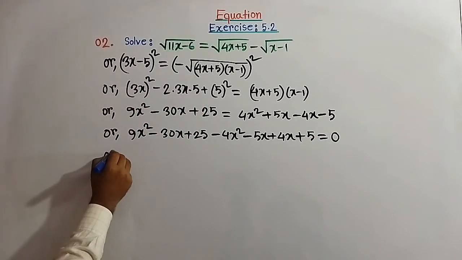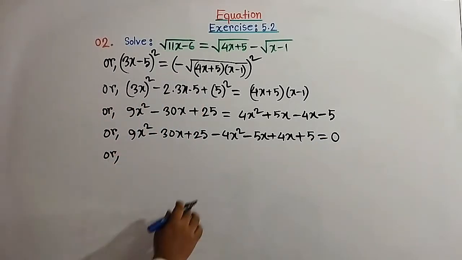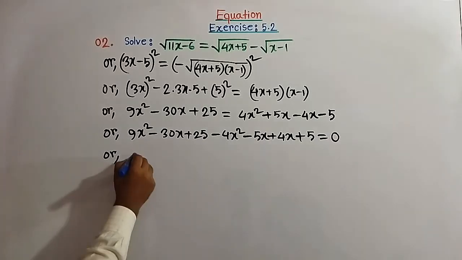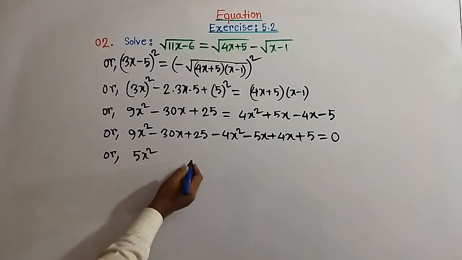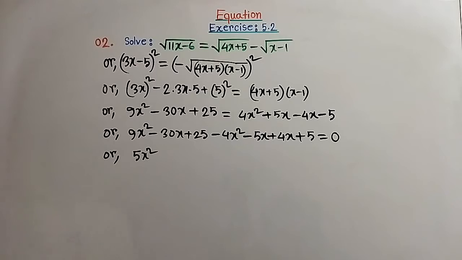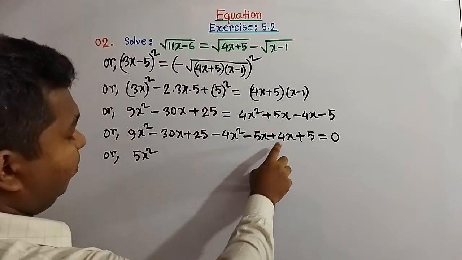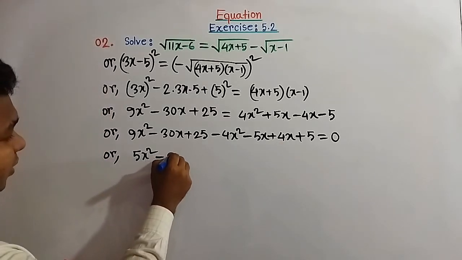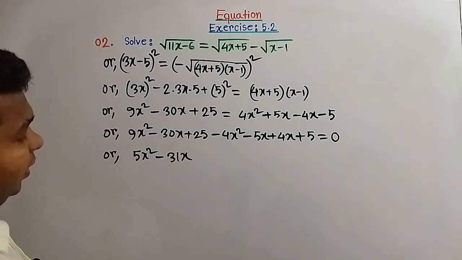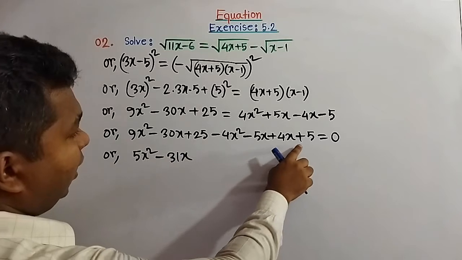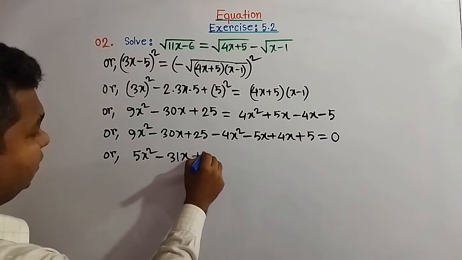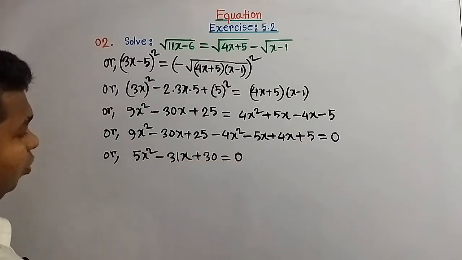Now here 9x² − 4x² equal to 5x², then −30x − 5x, that is −35x, plus 4x, so −31x, then plus 25 and plus 5 equal to plus 30, equal to 0.